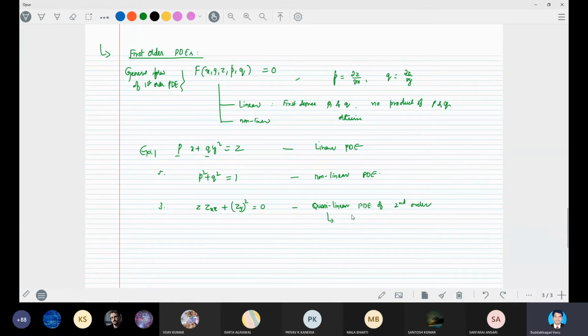Then that differential equation is said to be quasi-linear. Okay?